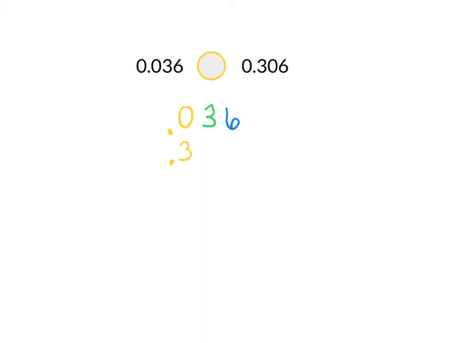This one is 3, 0, 6. So my place values are lined up. Right off the bat, I can tell that this 3 down here is larger than that 0, which means that this number is bigger than this one, or that 36 thousandths is less than 306 thousandths.